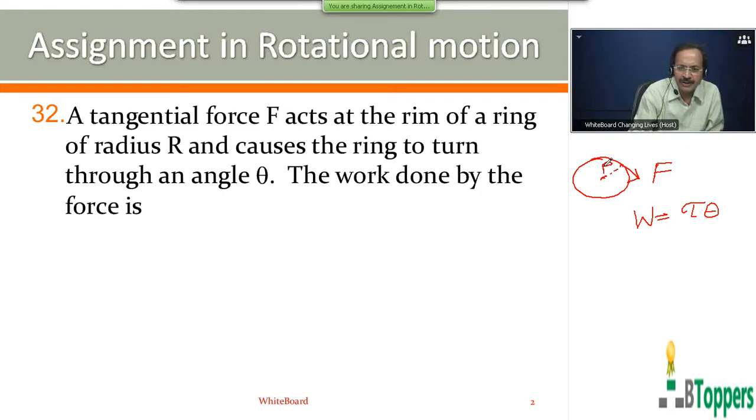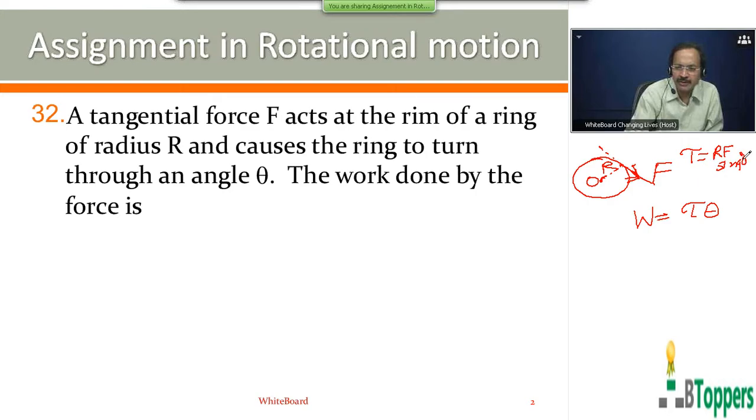So the perpendicular distance between the line of action of this tangential force and the axis of rotation passing through the center of the ring will be the same as the radius of the ring. So the magnitude of the torque, or moment of the force, you can write as rF sin theta. Here the angle between r bar and F bar is 90 degrees.